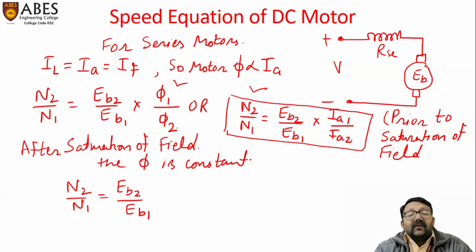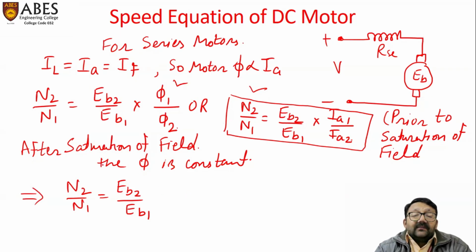But once the field winding is saturated, the variation of flux is not considered, and in that case, the speed equation of DC series motor is similar to that of shunt machine.